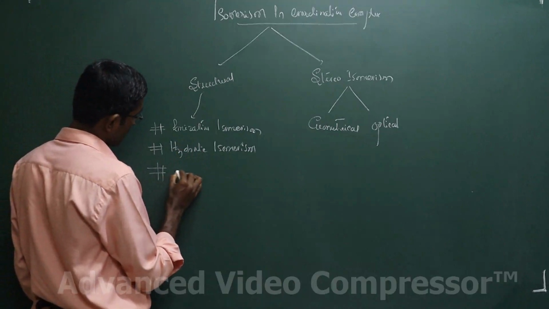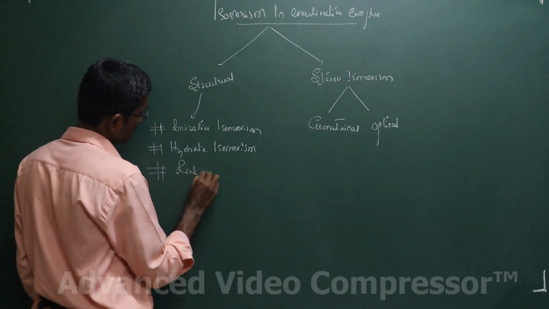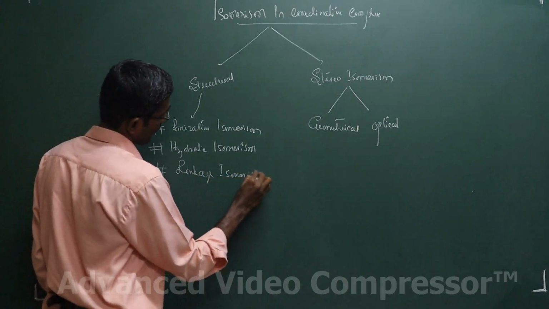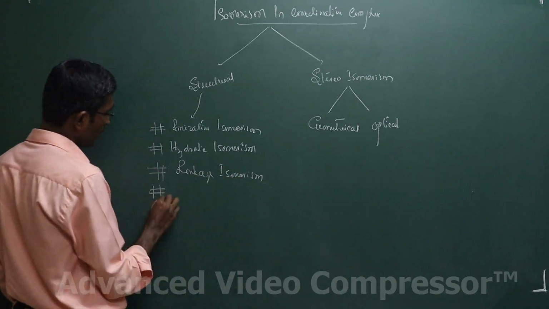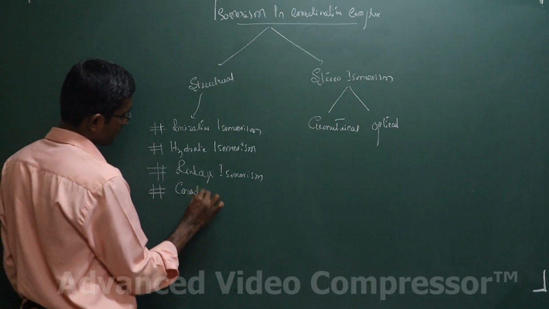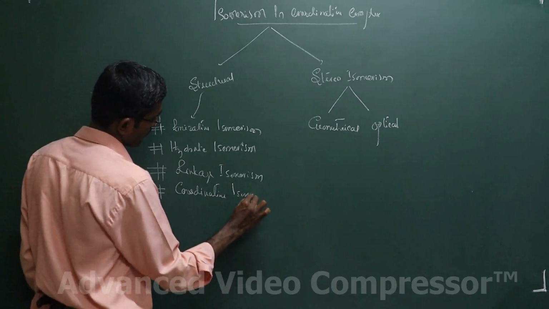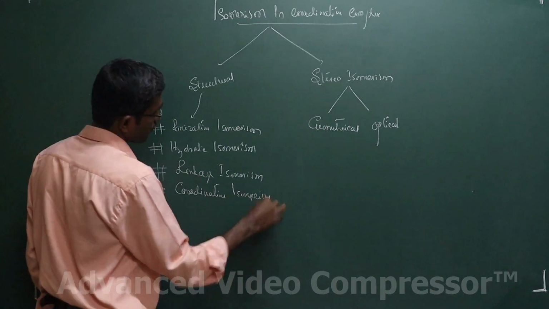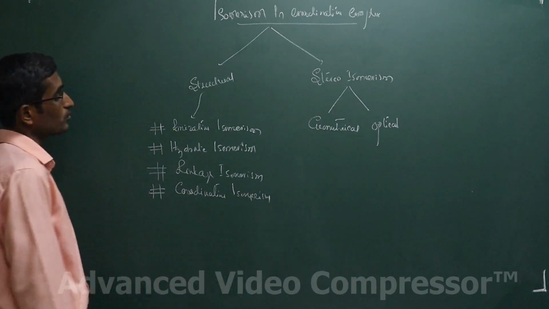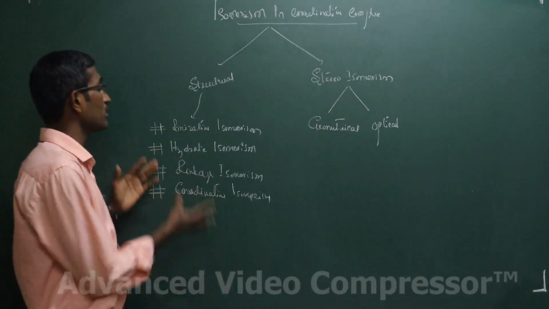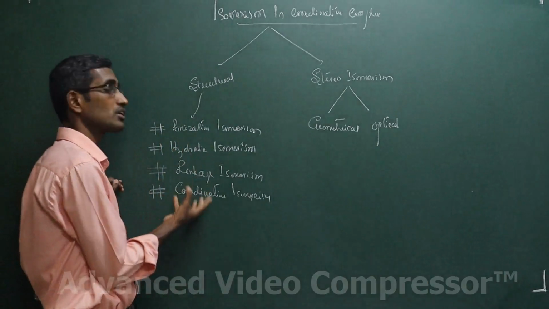We have linkage isomerism. And finally, coordination isomerism. So, I'll repeat again, structural isomerism can be broadly subdivided into ionization, hydrate, linkage and coordination.